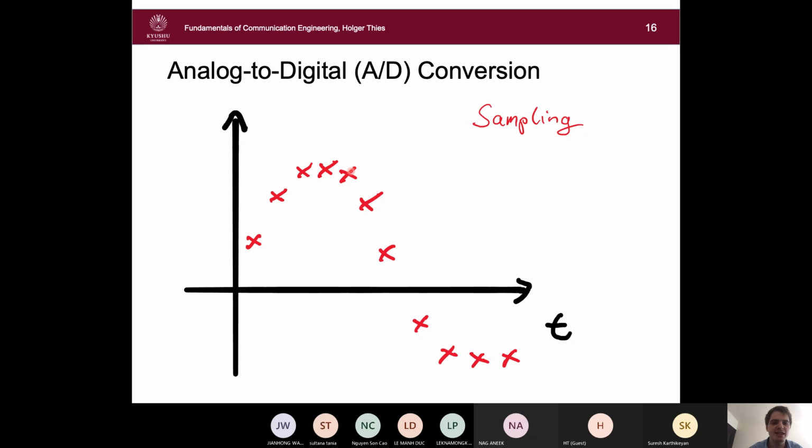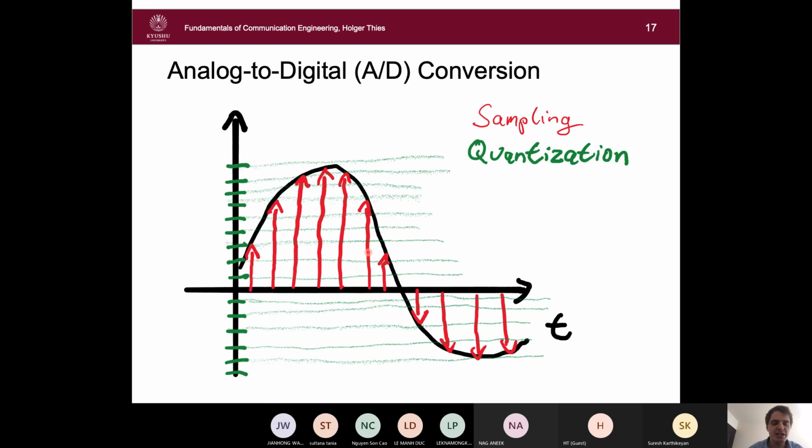So the values can still be any real value. So the next step we have to do is called quantization. Quantization is kind of similar, but now we take the axis for the values and split them into discrete slices like this.